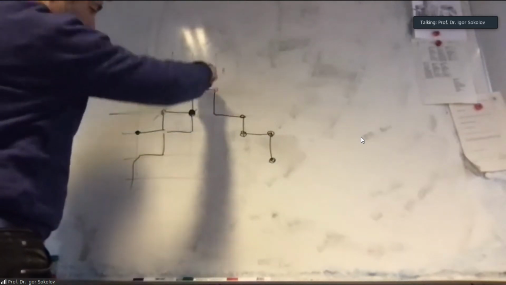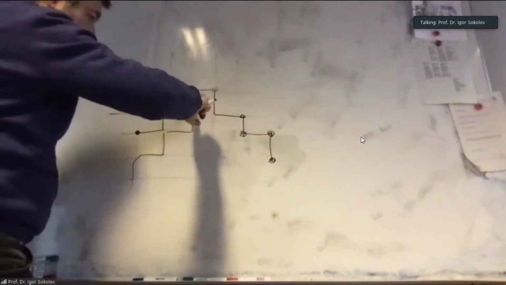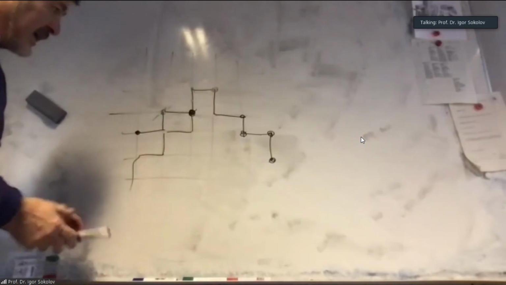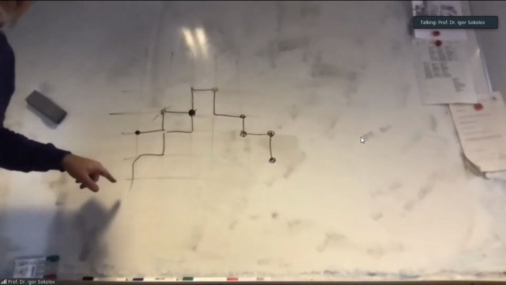So I took this and I have simply rotated it around this as if this was a point of free rotation. And then I check whether the parts of the chain overlap.